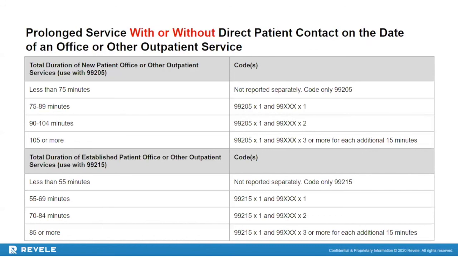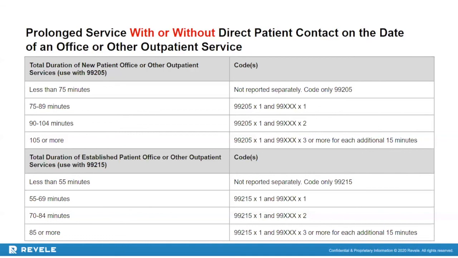And the same pretty well applies for the established patient using code 99215. For any time that is less than 55 minutes, you would use the 99215 by itself. For 55 to 69 minutes would be 99215 one time, and 99XXX one time.